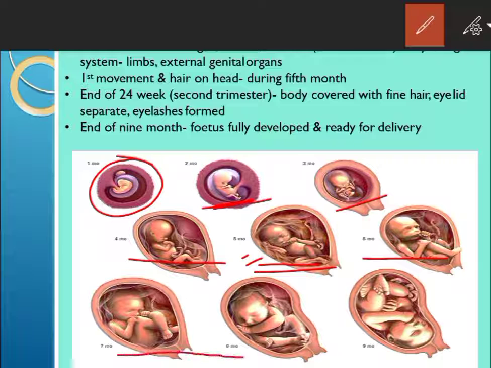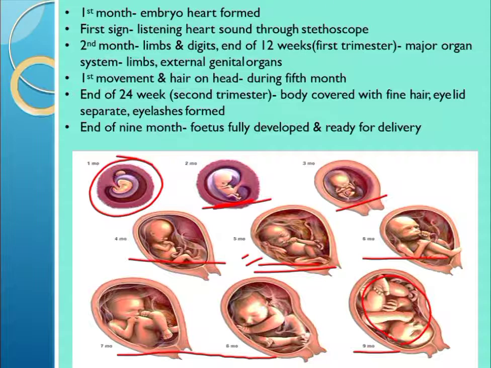Further development takes place in the 7th and 8th month, and by the end of the 9th month, the fetus becomes fully developed and is ready for delivery. You can see the fetus is inverted, head is towards the cervix so that the delivery of the baby can take place.